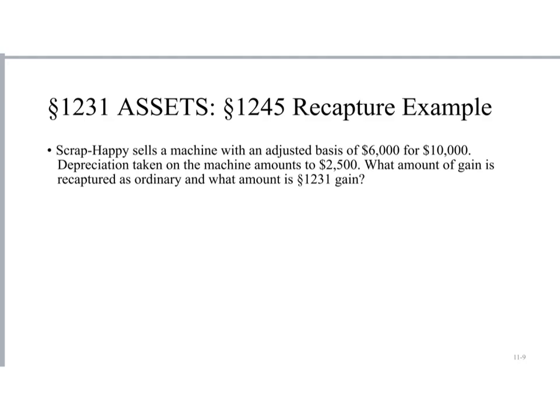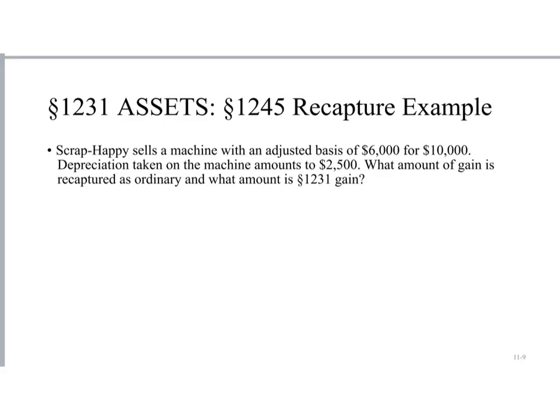All right, so let's look at another example just to make sure we've got everything squared away. So we've got a machine with an adjusted basis of $6,000. We're going to sell it for $10,000. It gives us the amount of depreciation we've taken on the machine, what amount of gain is recaptured as ordinary, and what amount is 1231.